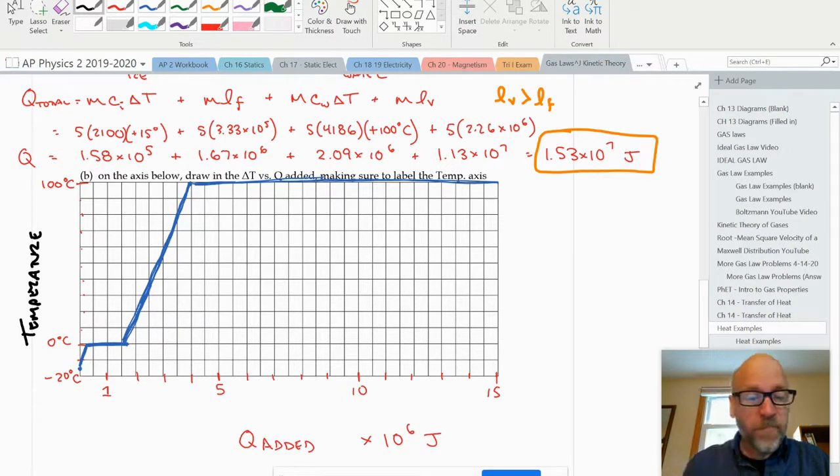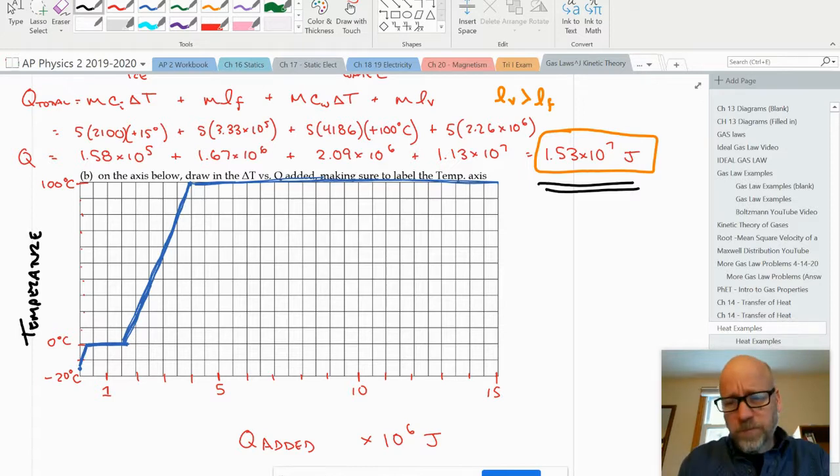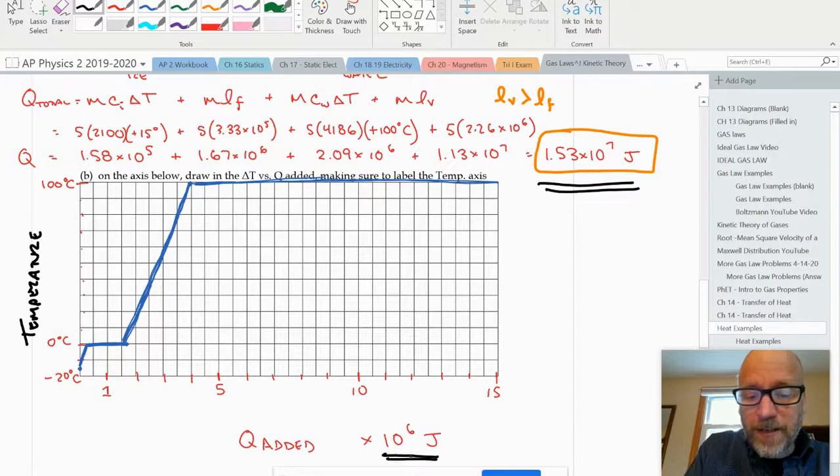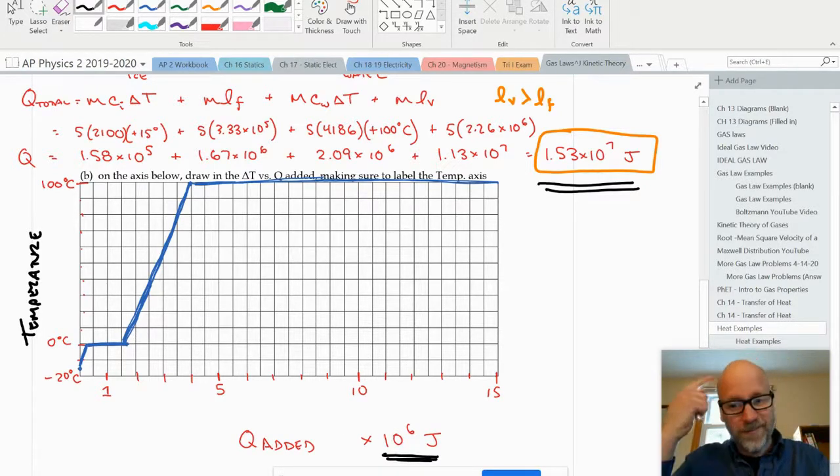Then I went and looked at the heat added. Now I need to get all the way up to 1.53 times 10 to the 7th. I don't know, graphing with powers of 10 at the end? That stinks. So what I did was I took my axes and I made the units times 10 to the 6 joules.